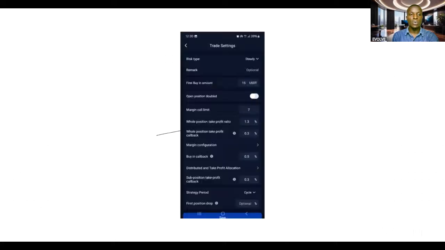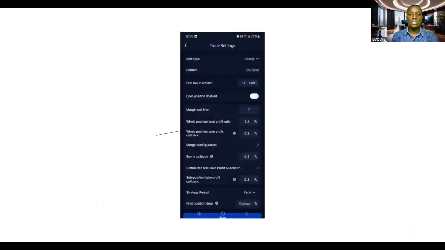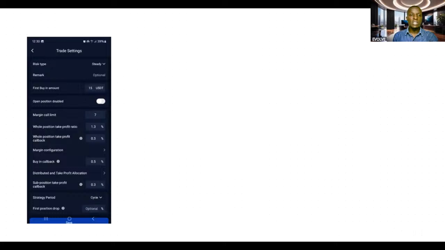The trade setting page is the page where you command the robot from. If you are able to get to this page, it simply means at least you are mastering the system. And now all you need to do is to understand what is on this page and be able to utilize it so well.